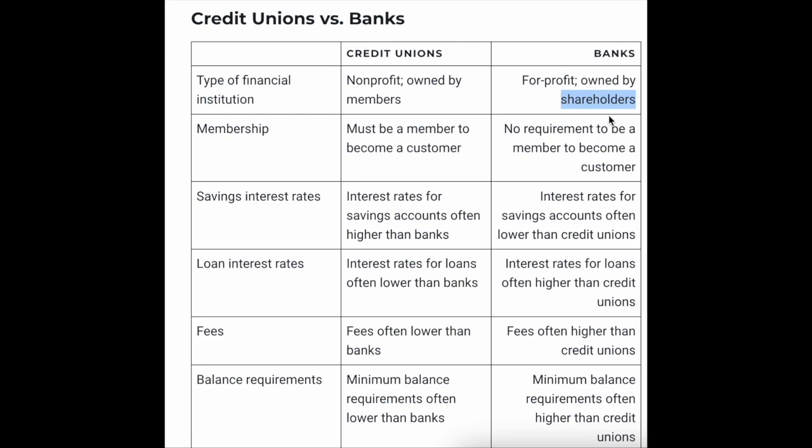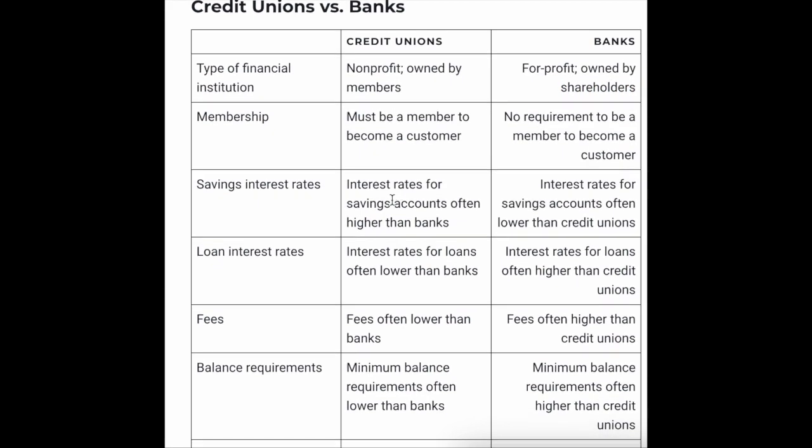They're going to have lower interest rates. Credit unions, since they're nonprofit, are going to offer higher interest rates for savings accounts compared to a bank. That's why I like to use them, and I'll show you another credit union that has higher rates just to show you a quick comparison.